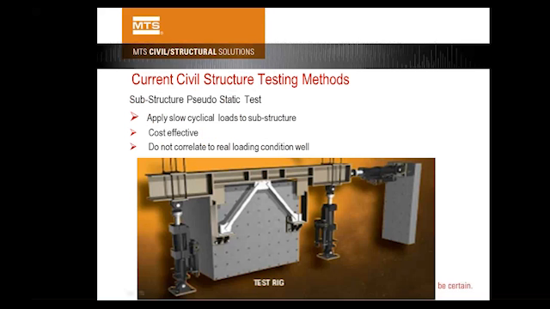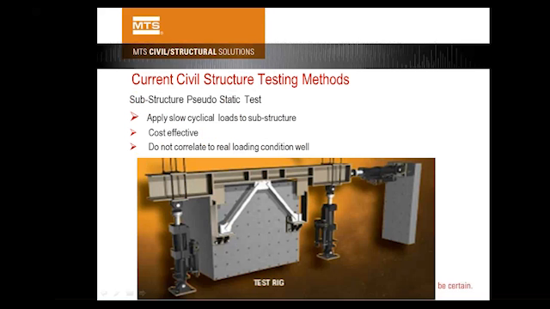Another type of testing is the substructure pseudostatic test. You test a substructure and load it really slowly, with a sine wave or a triangular wave, to find out when the structure fractures or is damaged.